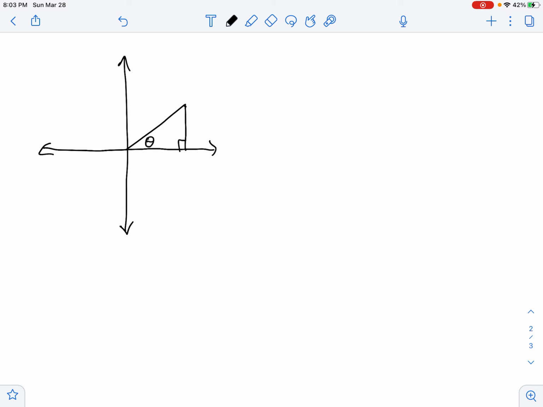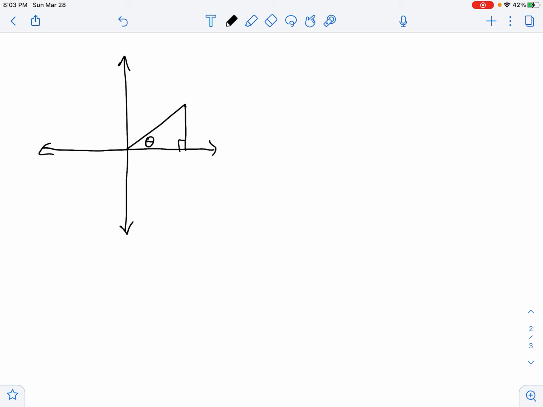Okay, which is an important one to note for later on as we progress through this, because we're going to need to start drawing triangles on our xy axis.